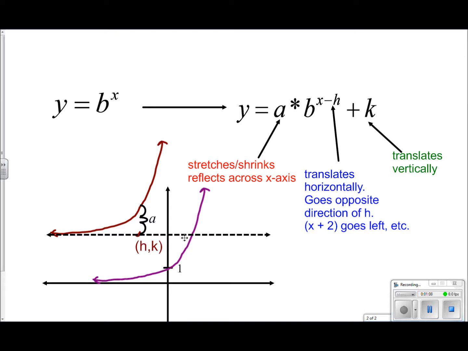The asymptote would now be at k, not at 0. The stretch would have created it so that the distance from the coordinate h comma k is the a value, rather than right here where the distance is 1. And then just from there we plot our points and continue moving on.